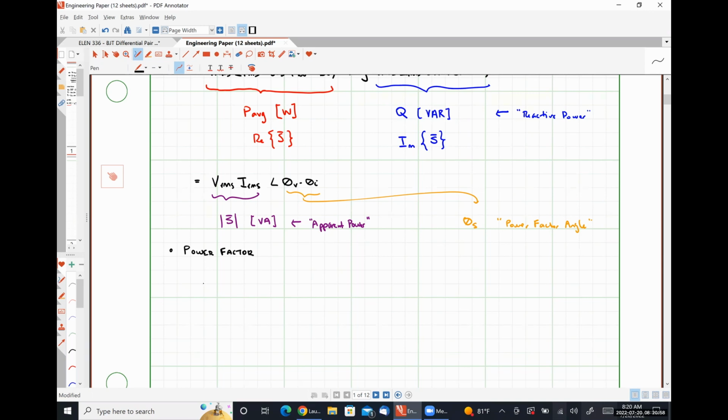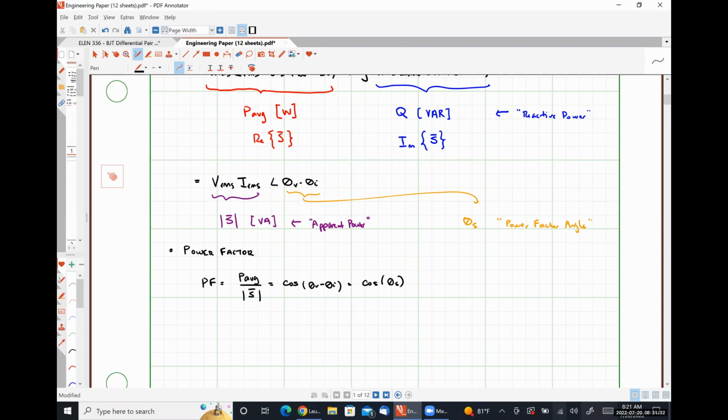Mathematically, power factor is defined as the ratio of the average power to the apparent power, which is simply cosine of theta V minus theta I, or cosine theta S. All of these relationships represent the exact same thing, okay?